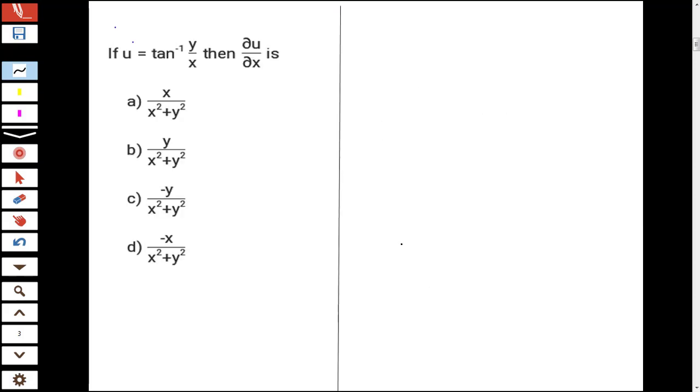Let us go for the first example. Here u is equal to tan inverse of y by x. So you can see that x and y are two independent variables. So while finding del u by del x, we will treat y as a constant.